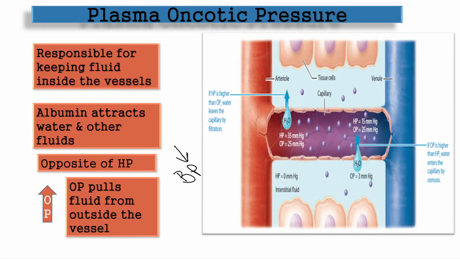But once things go back to normal, a pressure gradient will be established. And that pressure gradient, through the help of albumin, will start attracting that edema back into the vascular system where it belongs. The swelling starts going away. Things start returning back to good. So this would be the opposite of hydrostatic pressure.